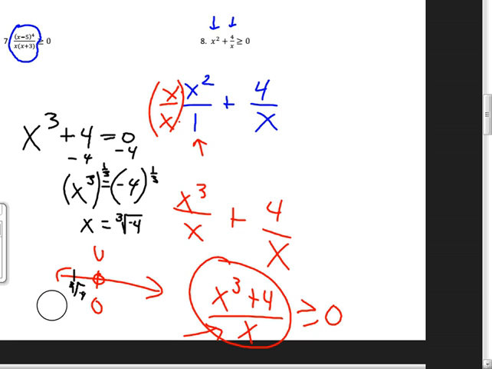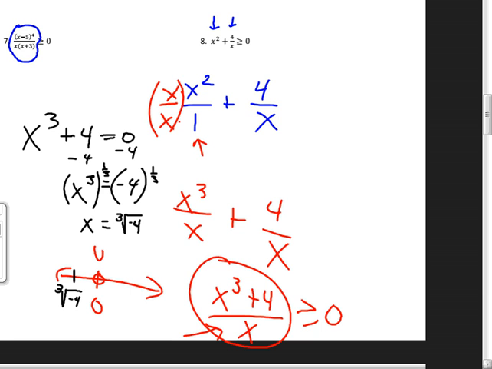I really shouldn't have the negative on the outside, but I know it's going to be negative. Blow that up a little bigger. That spot right there is the cube root of negative 4. Now, that's an important spot. It's a 0.